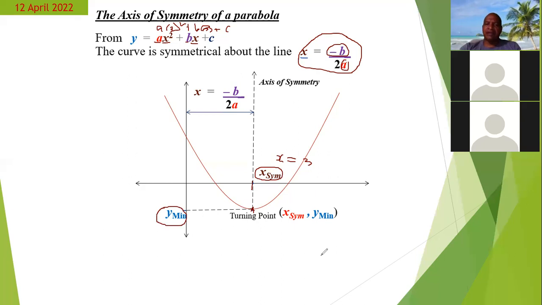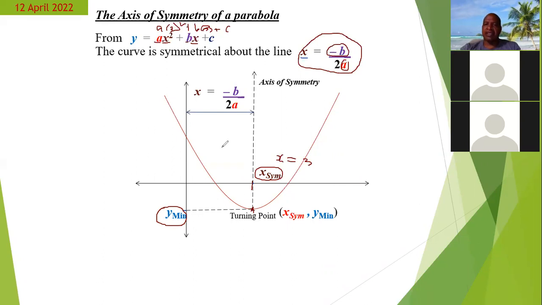But what is important for you to understand, Miss Dorothy? Remember, we say that our parabola can take two shapes. It's either it looks like a mountain or it looks like a valley. So if it looks like a mountain, the turning point is going to be at the top, right? And if it looks like a valley, the turning point is going to be below. So we are saying that if the turning point is below, the Y value at that time, we call it a minimum value.